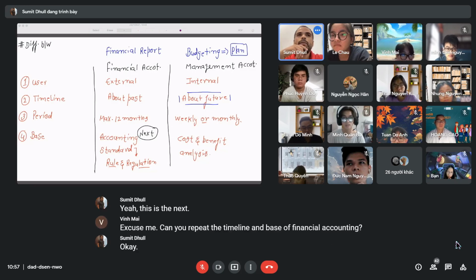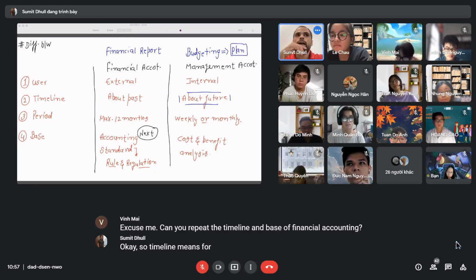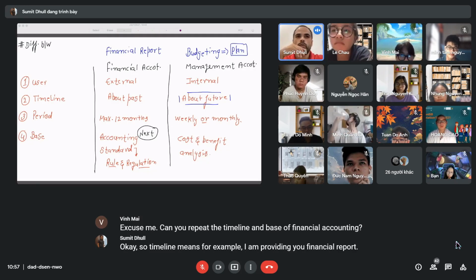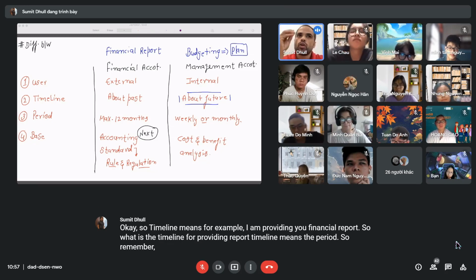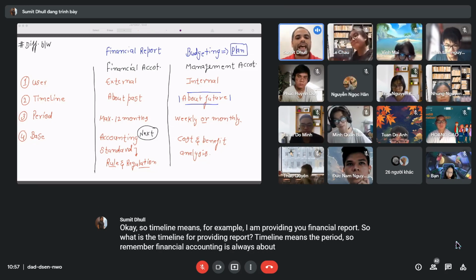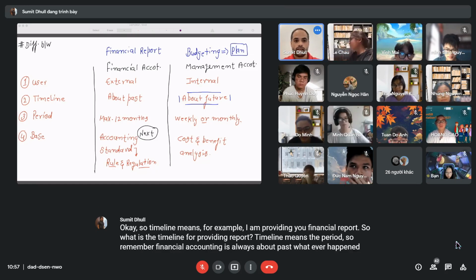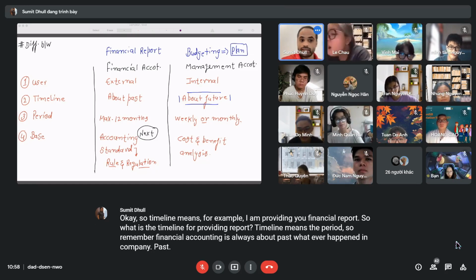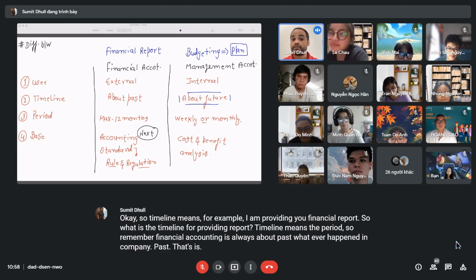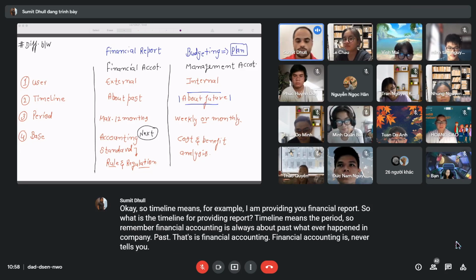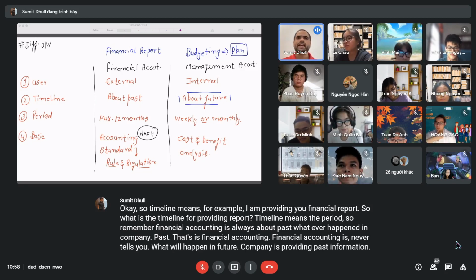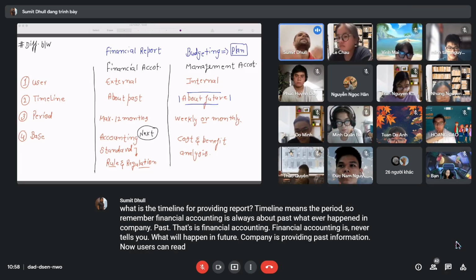Okay, so timeline means, for example, I am providing you a financial report. So what is the timeline for providing the report? Timeline means the period. So remember, financial accounting is always about the past. Whatever happened in the company in the past, that is financial accounting. Financial accounting never tells you what will happen in the future. The company is providing past information. Now users can read this past information and make some prediction.